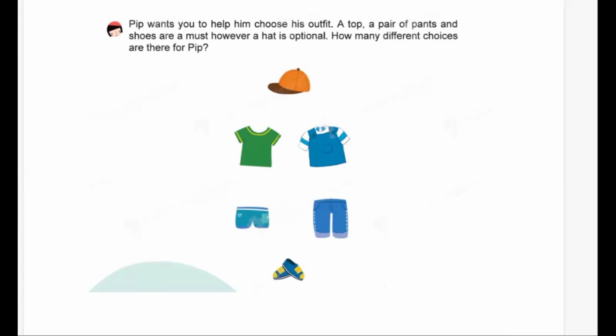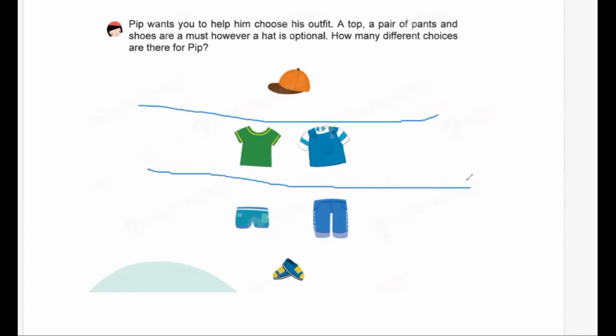In this given situation, Pip wants us to help him choose his outfit. So let's find out how many different choices there are for Pip. How many events do we have? We have here the hat, and then the tops. We also have the pair of pants, and the shoes.